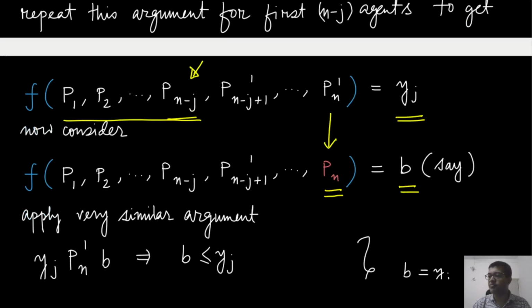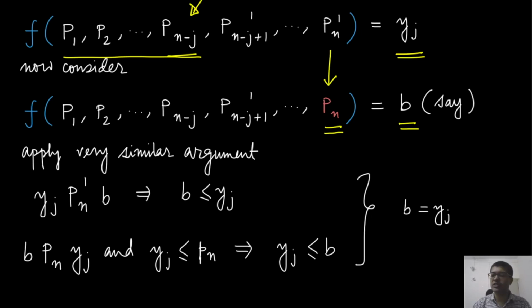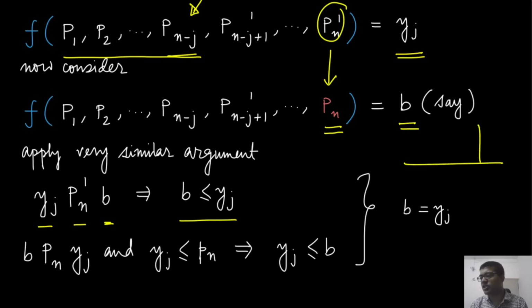Let's say it's b, and we can use a very similar argument, because yj has to be strictly more preferred than b in this preference for player n. That means b has to be less than or equal to yj, because the peak is at the rightmost side. So if yj is more preferred than b, then it must be on the right hand side of b.